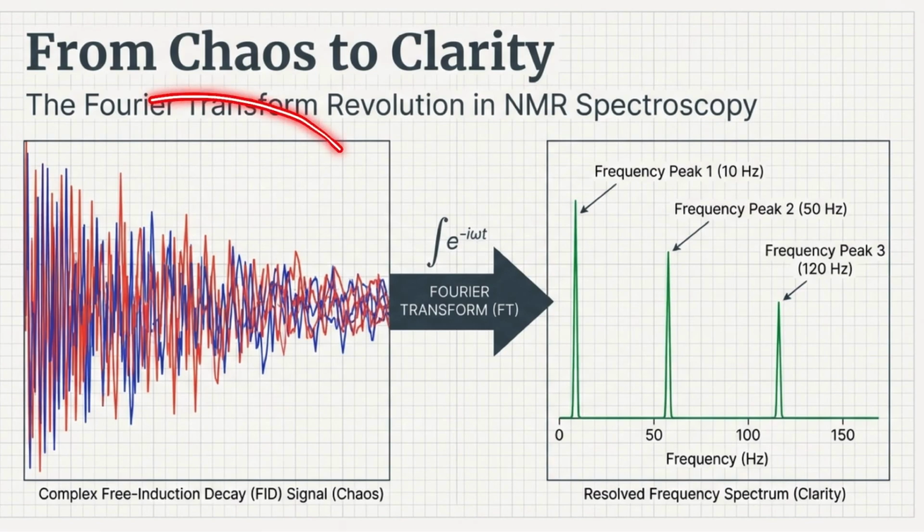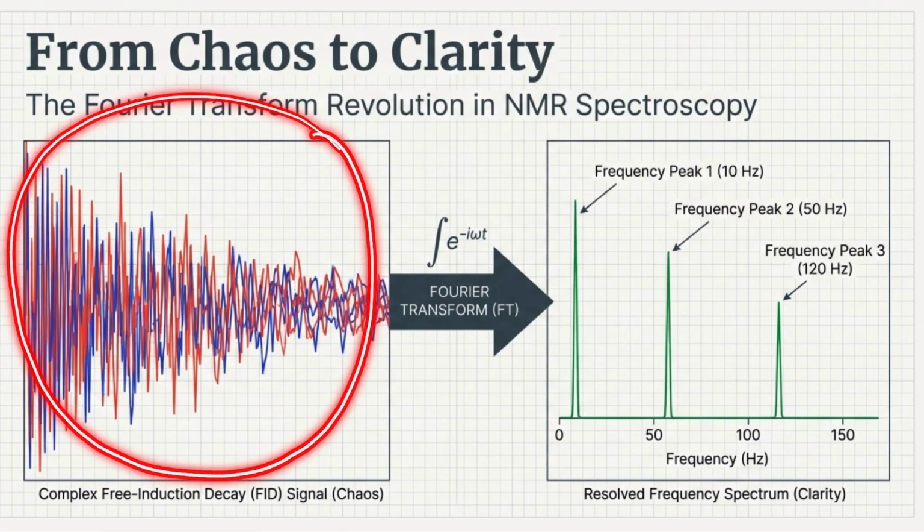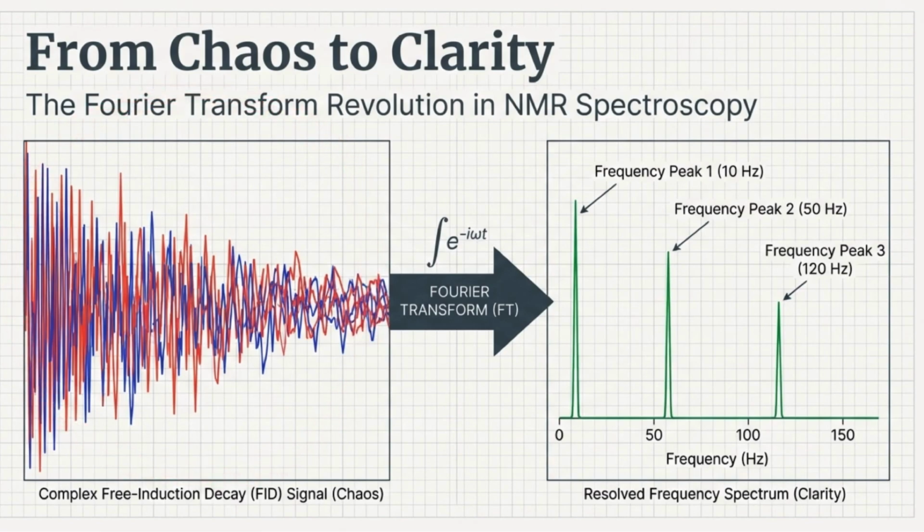This is the net signal which is obtained by free induction decay: after absorption of various frequencies, the different types of protons then emit a signal. Now this signal is in the form of chaos, and after applying the Fourier transform, a mathematical operation, this time domain signal is converted into a frequency domain signal.